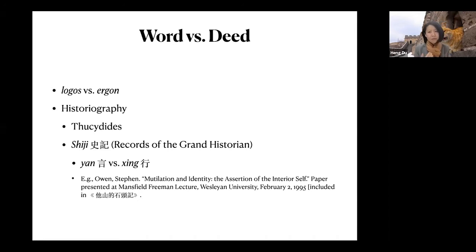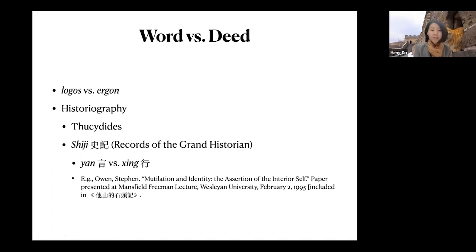And I think we can recognize a similar dynamic in the Shiji as well, in this dichotomy of word versus deed, or yan versus xing, although this is articulated not just through these two terms.